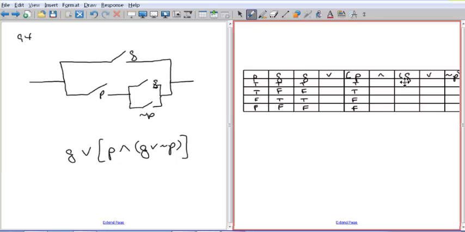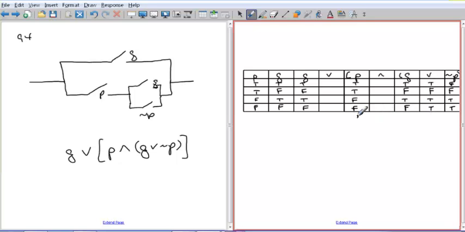Q is true, false, true, false. Negation of P is false, false, true, true. Then we go to the end of parentheses. That's an OR statement. It's this part right here. So the OR is false only if they're both false. So this is the only one that's false. So the other ones are true.